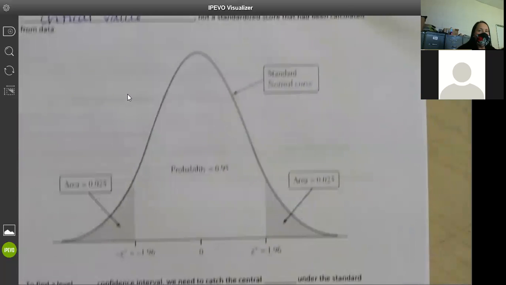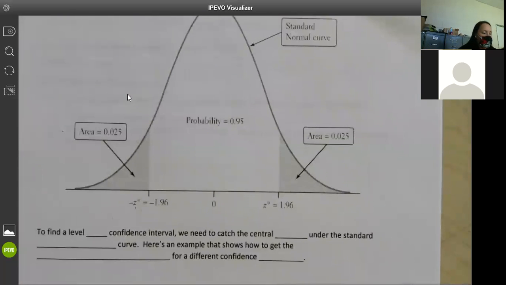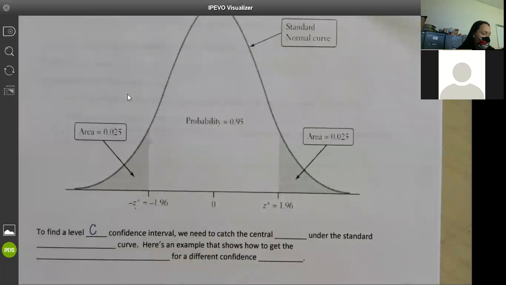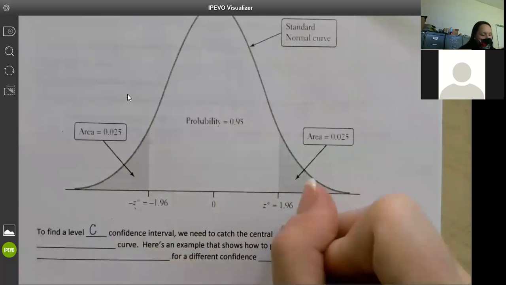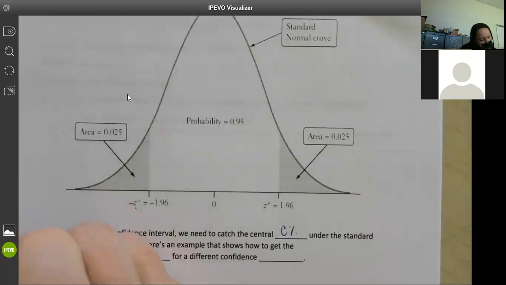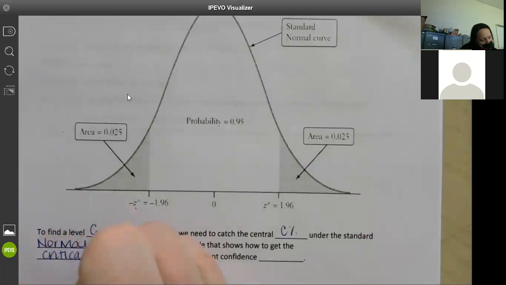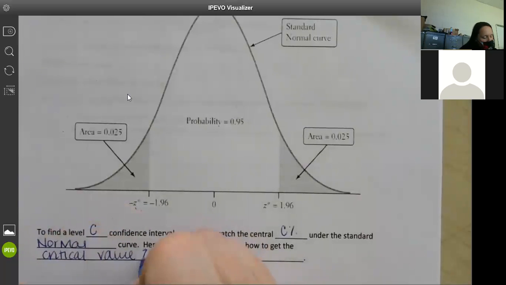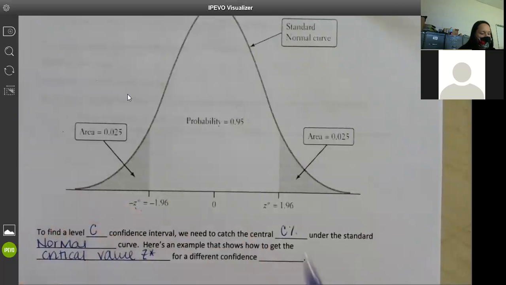All right. To find a level C confidence interval, we need to catch the central C percent under the standard normal curve. Here's an example that shows how to get the critical value Z star for a different confidence level.